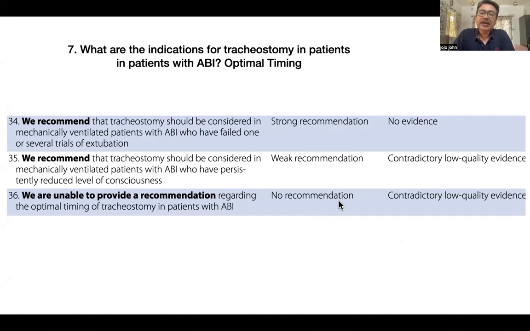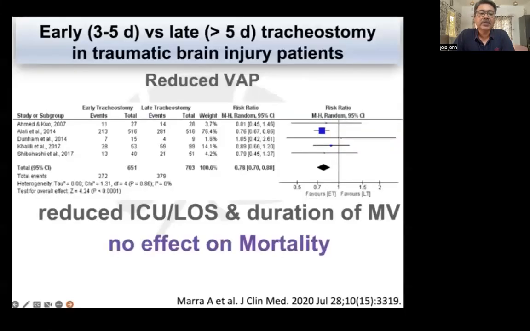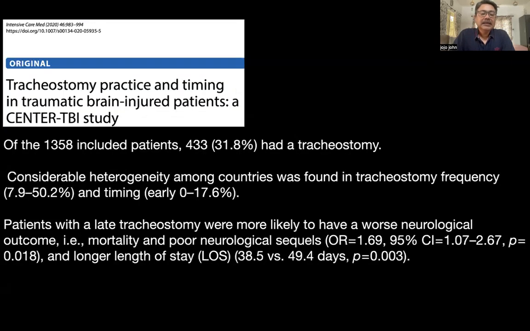Having said that, we have various non-RCT observational trials which show a benefit with early tracheostomy, which show reduced VAP, reduced length of stay, and reduced duration of mechanical ventilation with tracheostomy. The Center TBI trial actually looked at quite a large number, 1,358 patients, and found that 31% needed a tracheostomy.